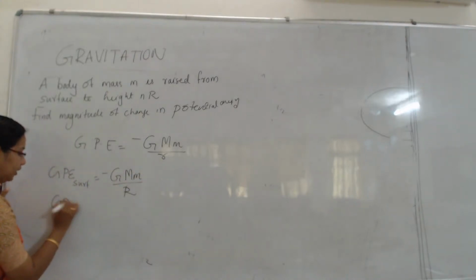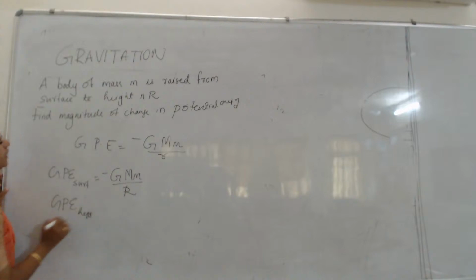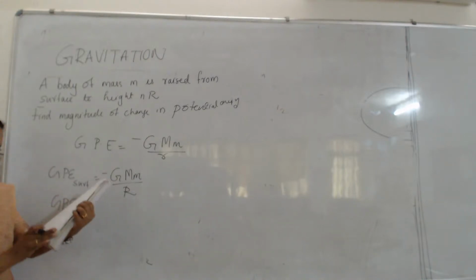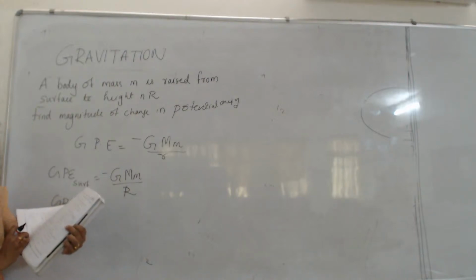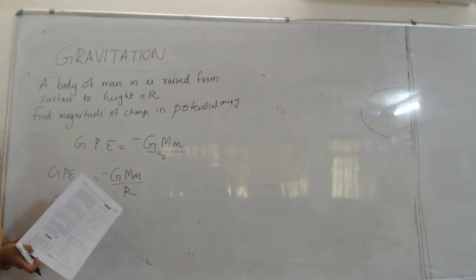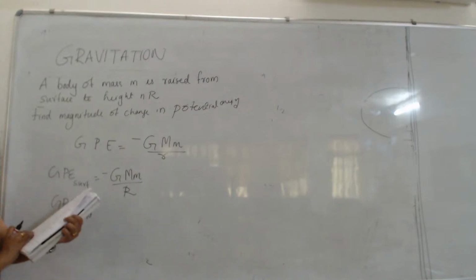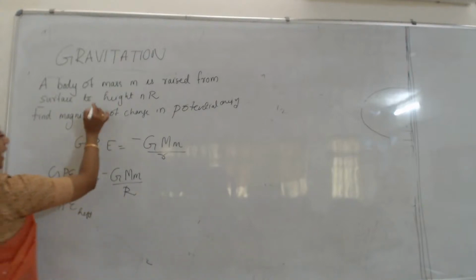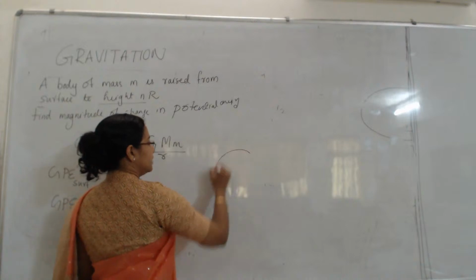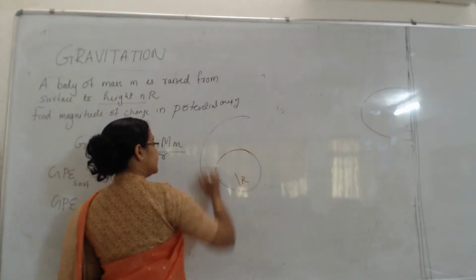What is gravitational potential energy at the height? Which height did they tell? It is raised from the surface to a height of nR they told. It means this is your Earth and this height they are given.